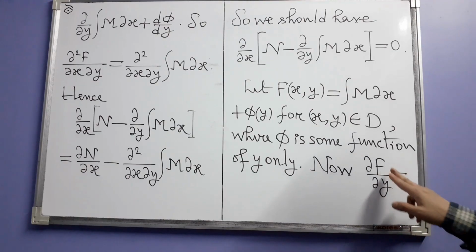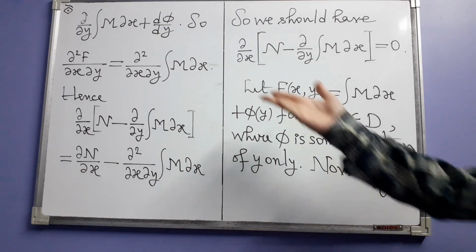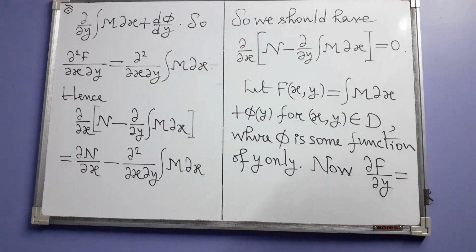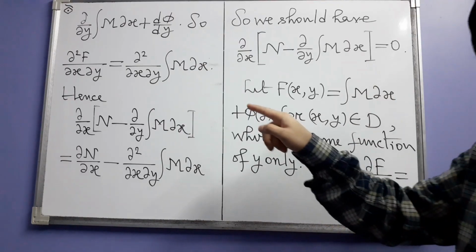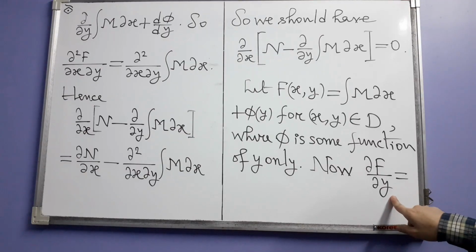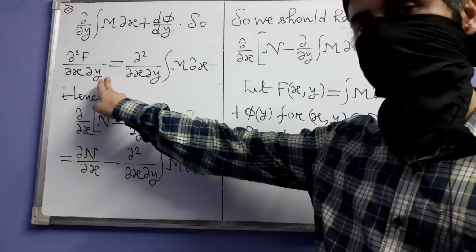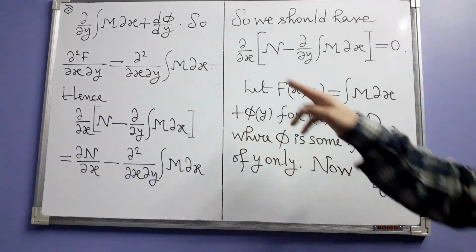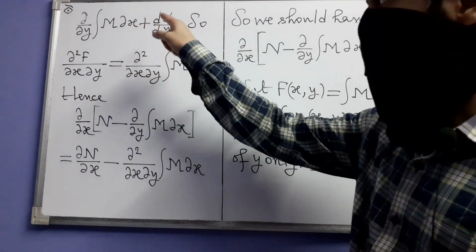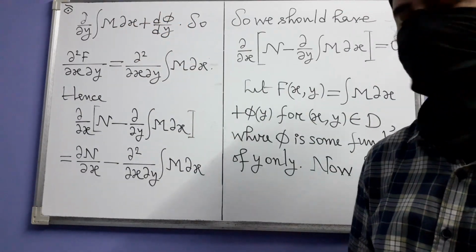So we again differentiate f with respect to y, that of course gives us that. But then here we again differentiate this partially with respect to x. That will make this side this. And what will happen to this expression if we differentiate this partially with respect to x?